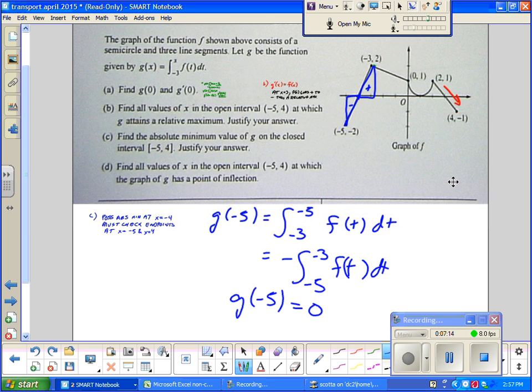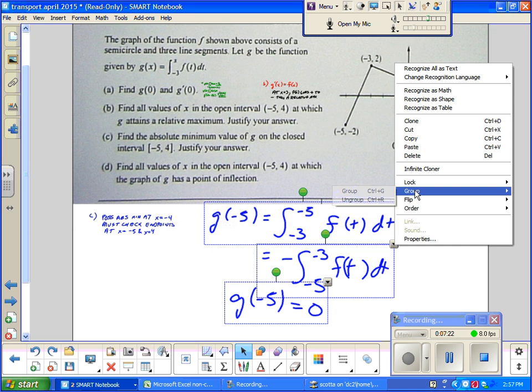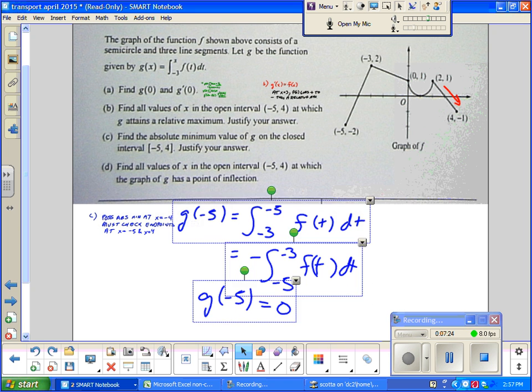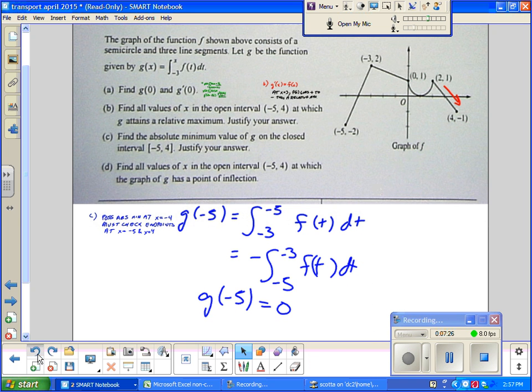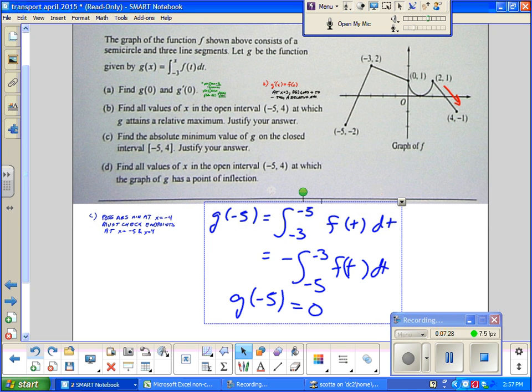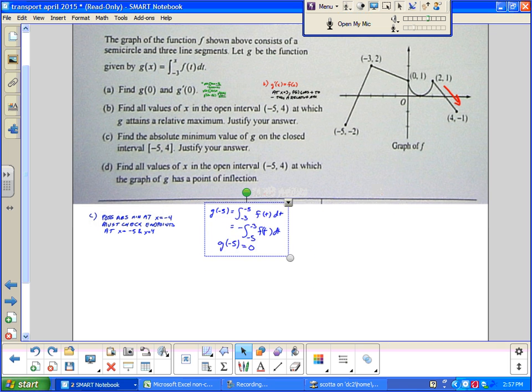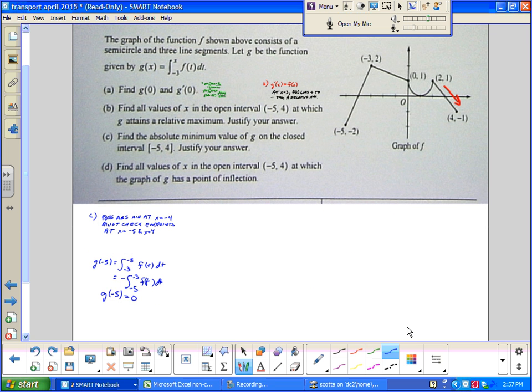All right. Next point I have to check is G of -4. I'm, again, just trying to keep a view of the graph on the smartboard here. I'm going to make this small, set this over here. We'll go to a different color.